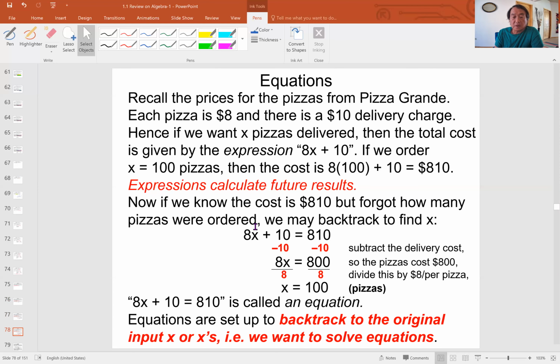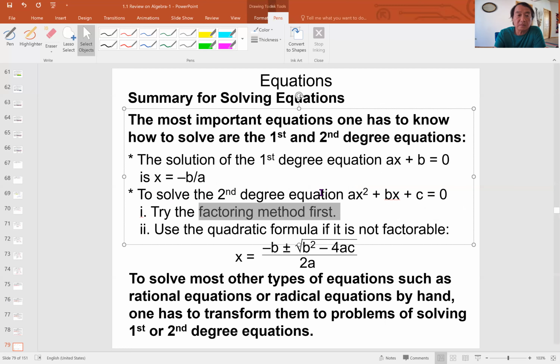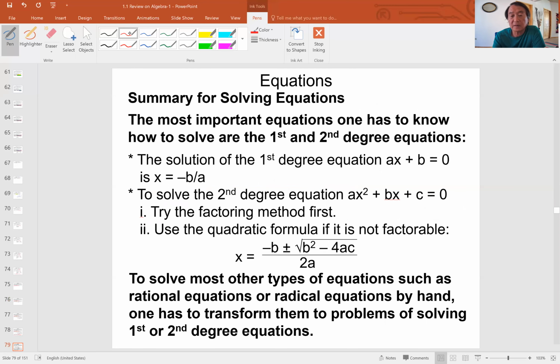So again, back to solving equations, we have to get back to first-degree equations. Even with a second-degree equation, basically we'll have to get back to first-degree equations one way or another. And how do we solve second-degree equations? Well, we're going to try factoring first. Let me give you a very fast example: how to solve x squared minus, just to remind you, and then we say this is (x plus 2)(x minus 2) equals 0.